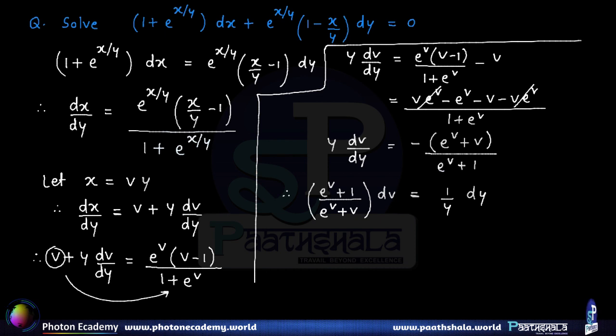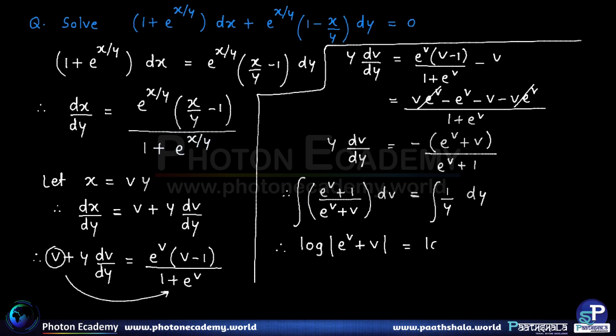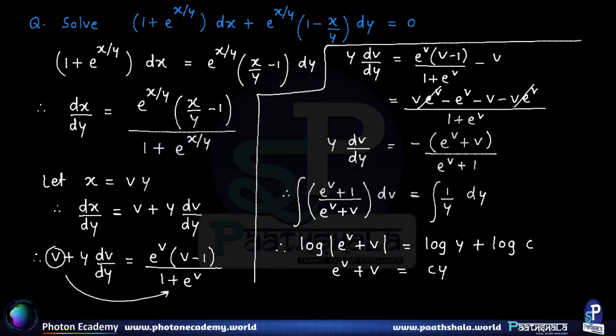Now the next step is integration, so let's integrate both sides. On the left hand side we see that the numerator is clearly the derivative of the denominator, so we have log(e^v + v) = -log y + log c. So we have e^v + v = c/y. Finally let us replace v with x/y.